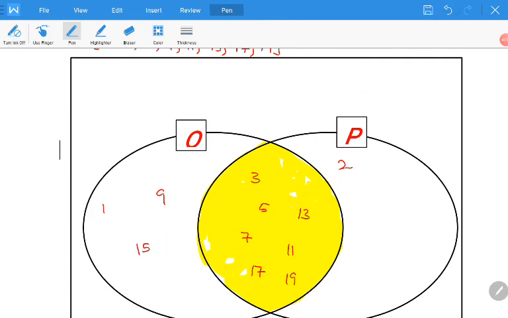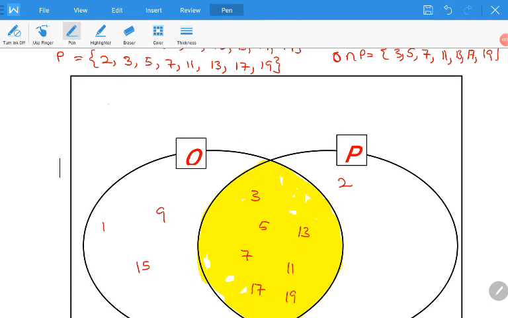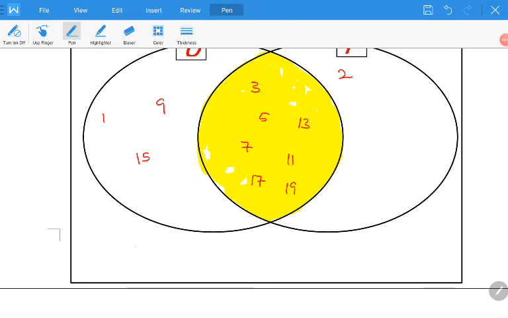So the elements that I'm not seeing here, we have 0, 4, 6, 8, 10, 12, 14, 16, 18, and 20.